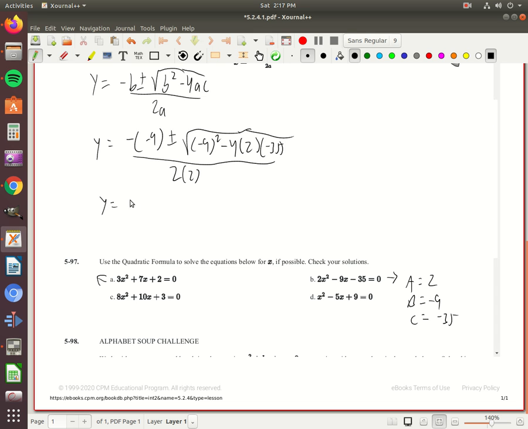So I will get 9 plus or minus the square root of, this is going to be 81. Negative, positive, negative, so plus. And this will be, you can go out of order, I'll say 70 times 4 is 280, over 4. So I get y equals 9 plus or minus the square root of 361 over 4.